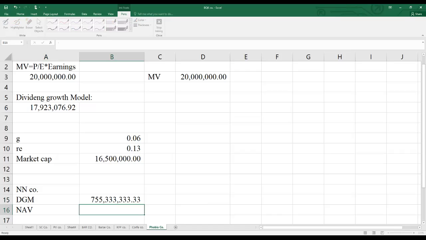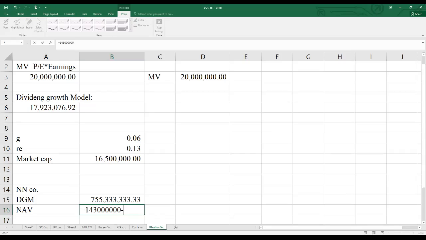The NAV, the net asset value method, is simply total assets minus total liabilities. And here, that's the total assets of the company. There is no extra information, so it's simply the historical cost basis. The current total assets are 143 million, minus the company's total liabilities, which is current plus non-current.